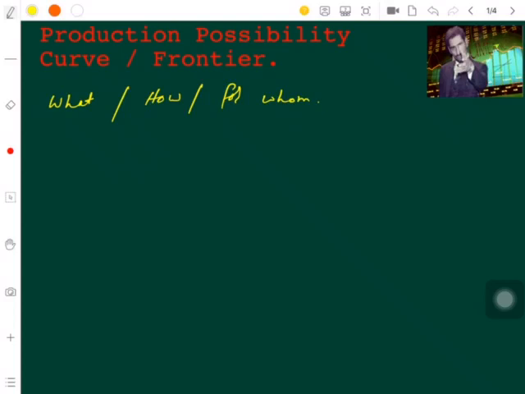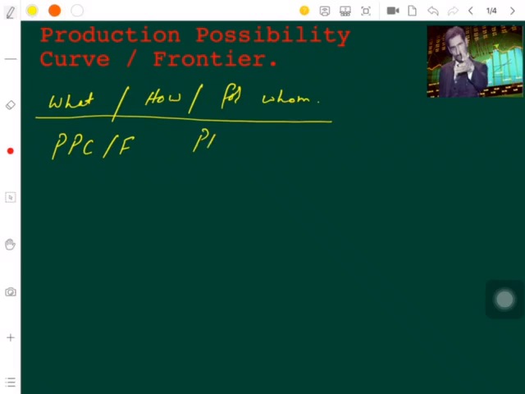How to produce will mean the technique of production, and for whom, under this category, we will talk about what sort of output we should have, and how scarce resources could be utilized for obtaining maximum satisfaction.